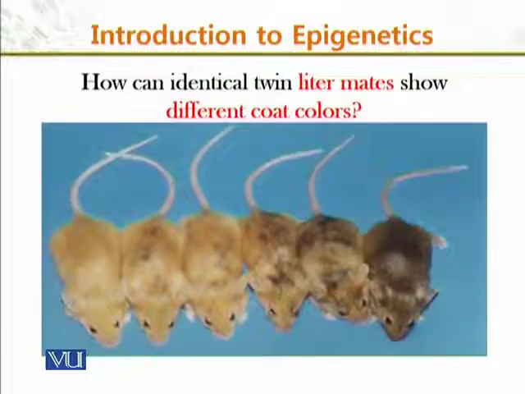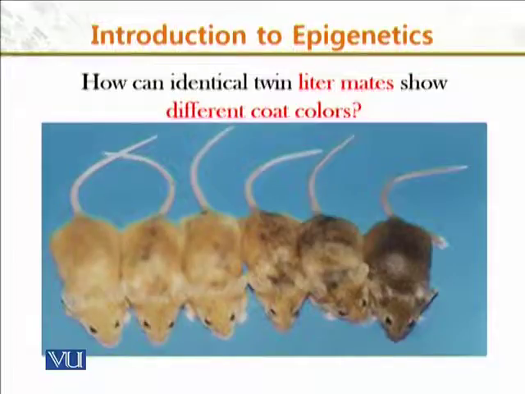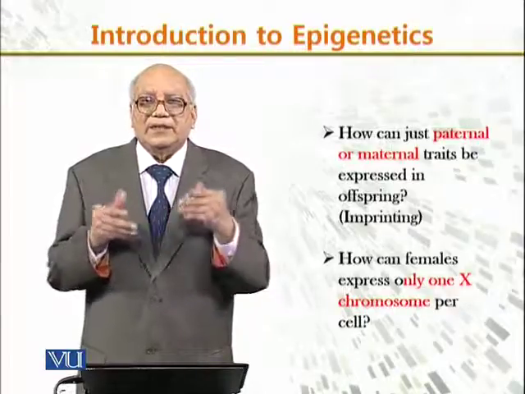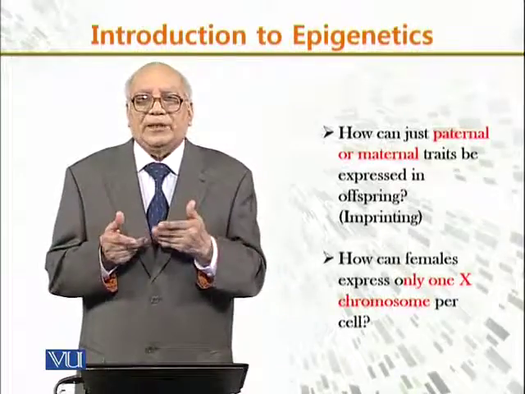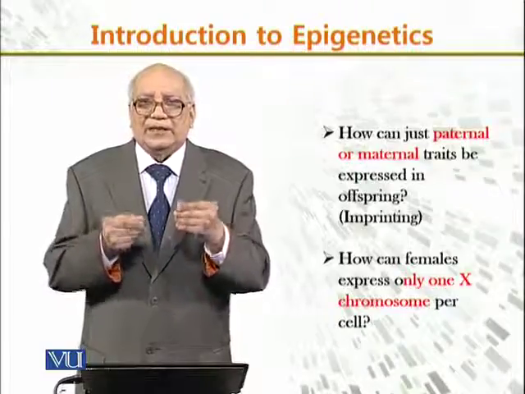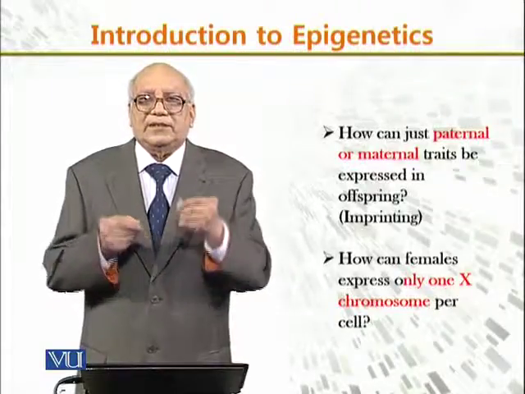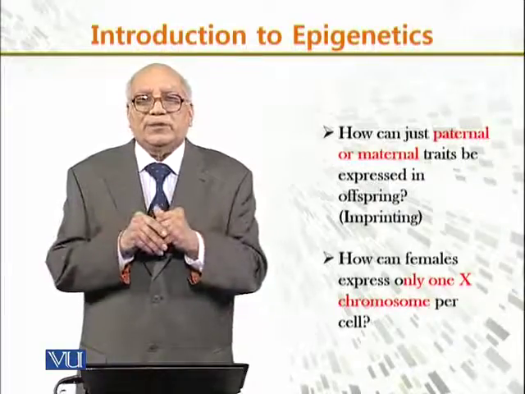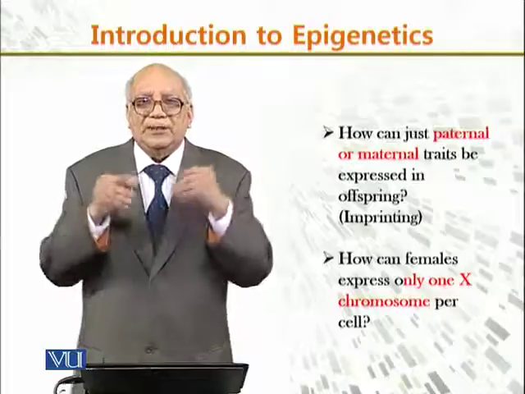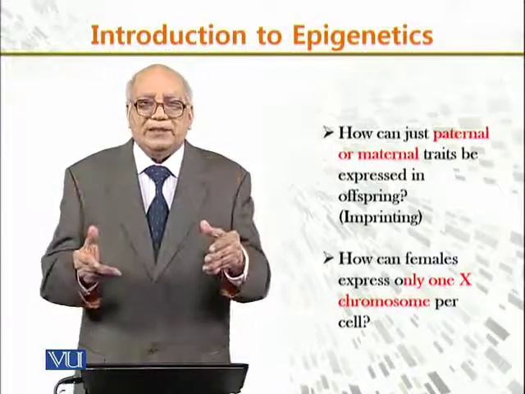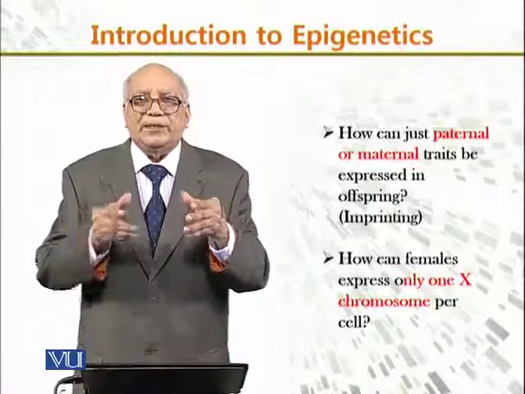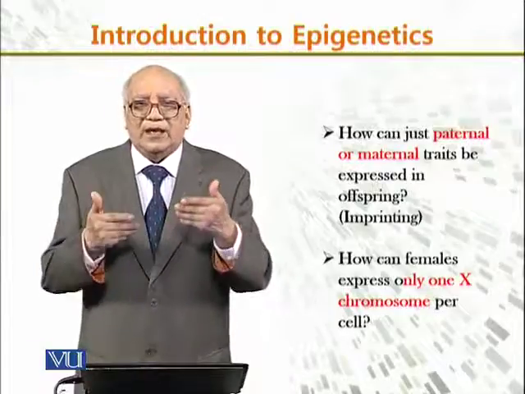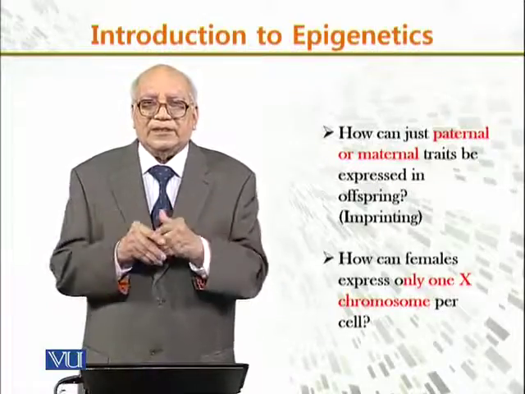This is known as non-sequence inheritance. So, how can just paternal or maternal traits be expressed in offspring? How do the characteristics of the parents get expressed in them, which is known as imprinting? Just as we print, imprinting occurs in offspring, maternal and paternal characteristics from the mother and from the father.